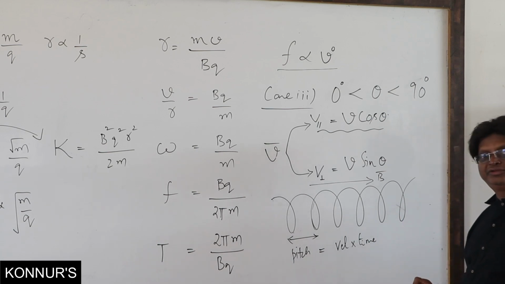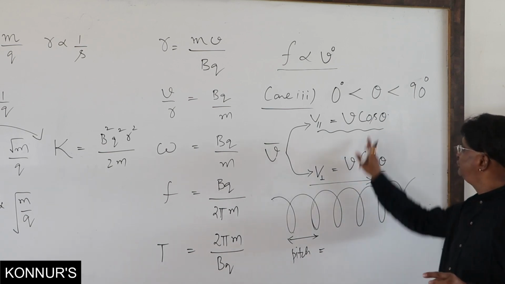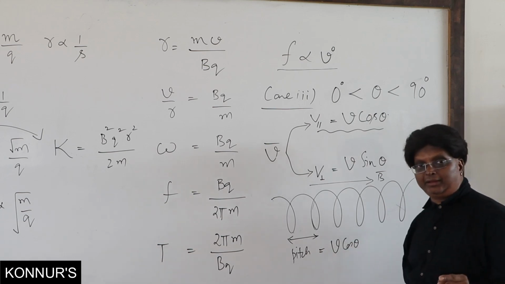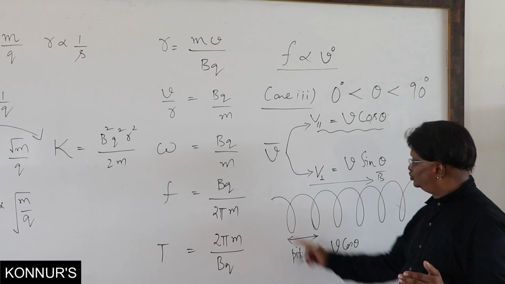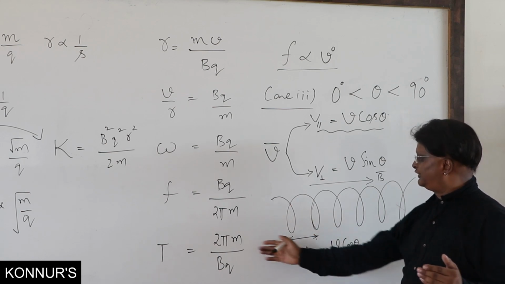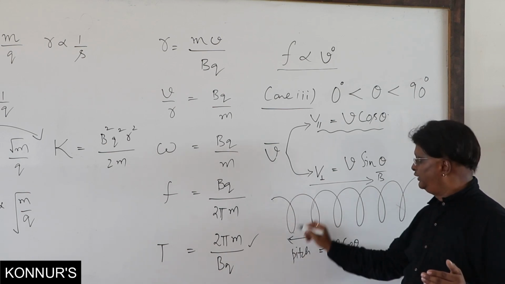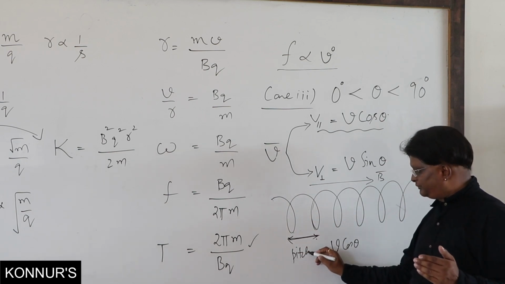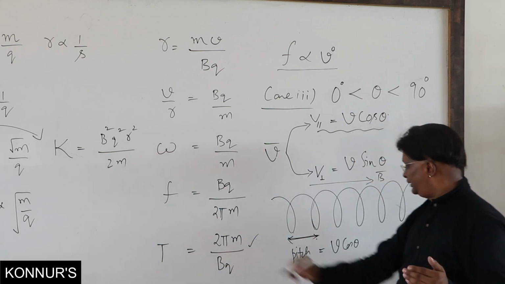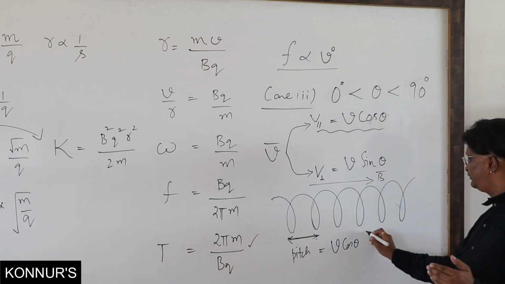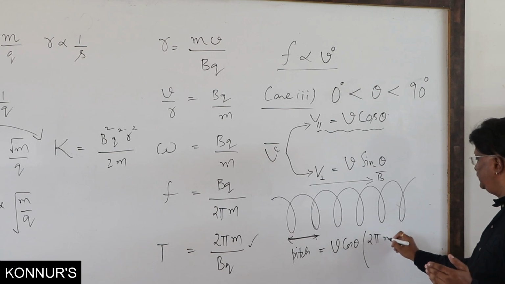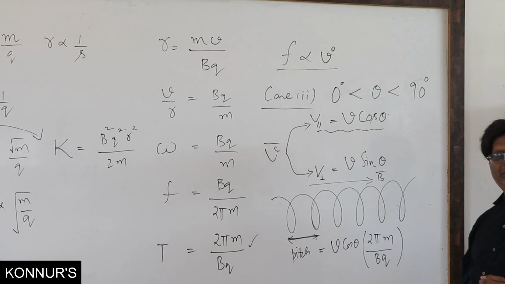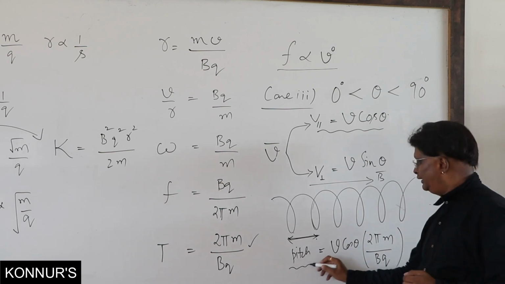What velocity we have to consider here? Parallel component, which is V cos theta. And what about the time? Time here refers to time period, because during one circle it comes to this pitch displacement. Therefore the time substitution is 2 pi m by bq. So V cos theta times 2 pi m by bq. This will give us the pitch of the helix.